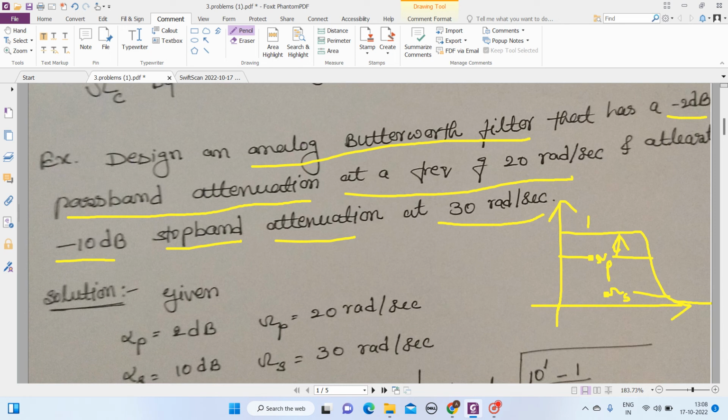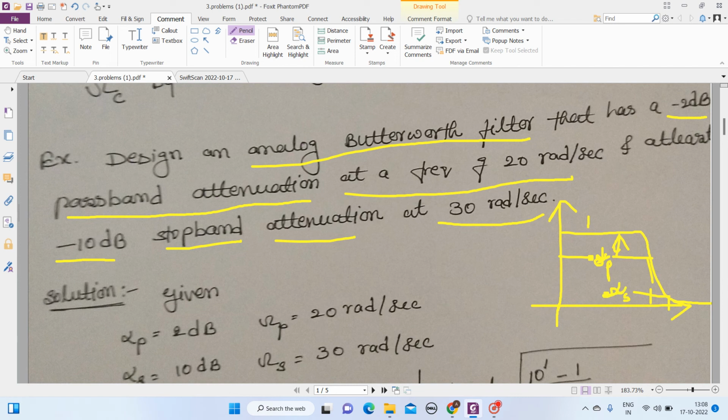Here we will see the frequency. Okay, this is the pass band attenuation. We usually use alpha p for it. Sorry, this is alpha s.